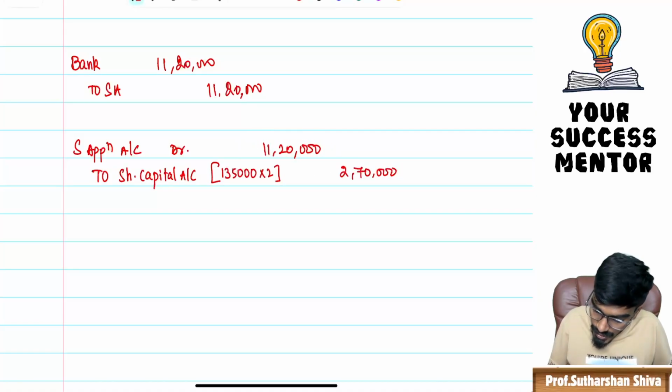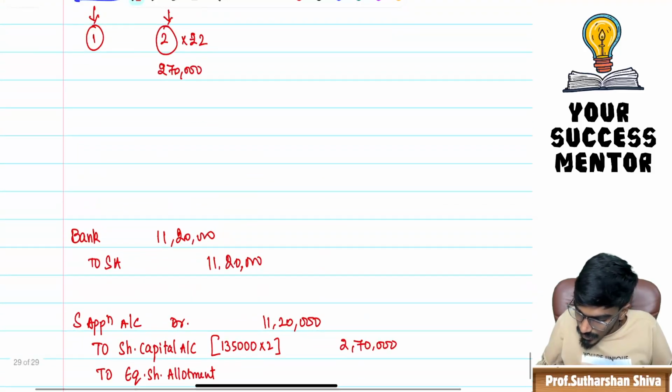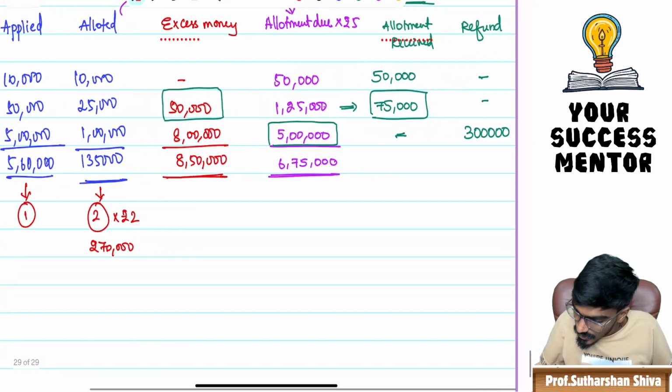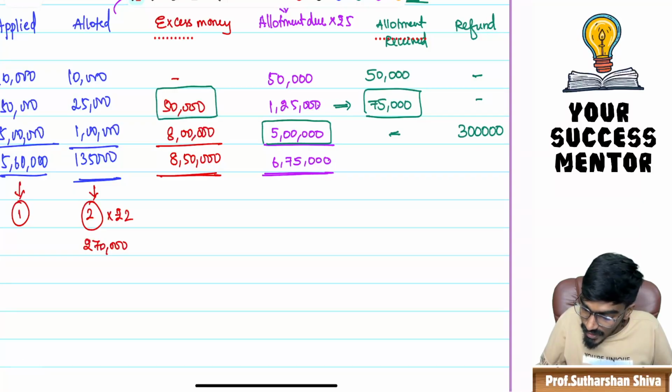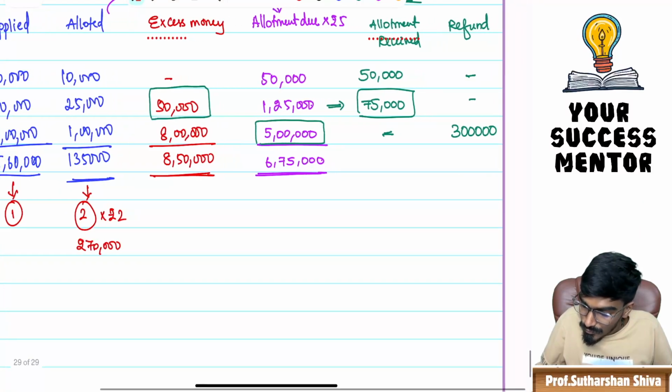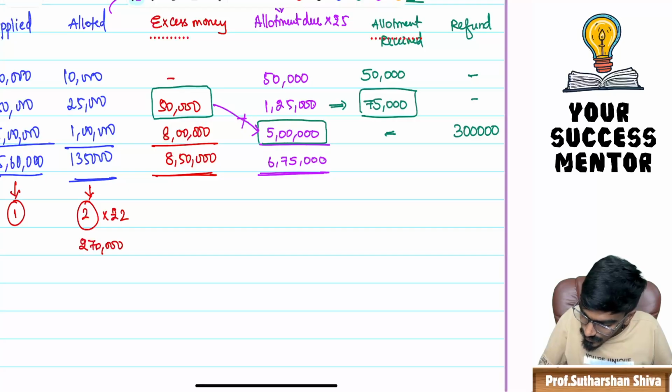Yes, sir. Next, think and tell me how much excess I'm going to adjust over equity share allotment. How much am I going to utilize for allotment? 5 lakh? 50,000, sir. How did you get this 50,000 and this 5 lakh?